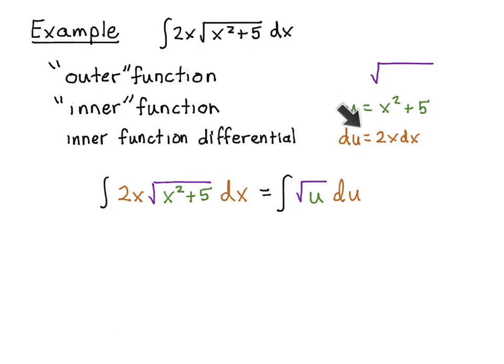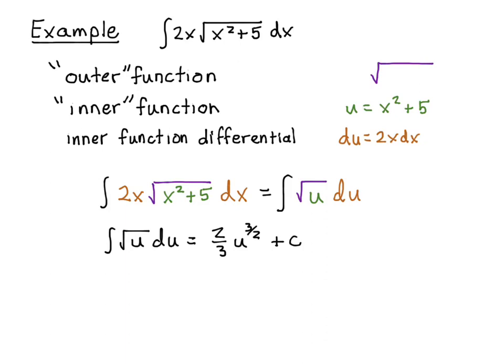We have du is 2x dx, so that orange becomes this one single orange element, and now we have the integral of the square root of u du, and that's something we did at the very beginning, so we know what the answer to that is. That's going to be 2/3 u to the 3/2 power plus c.